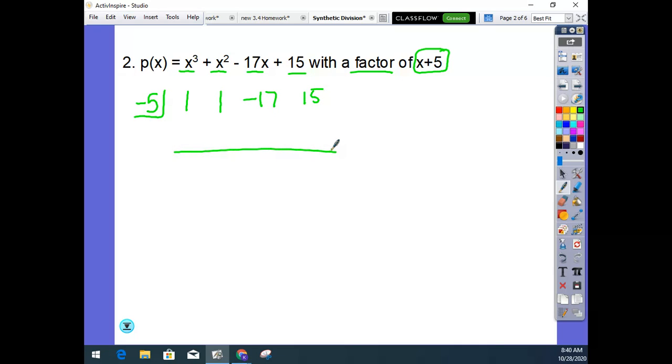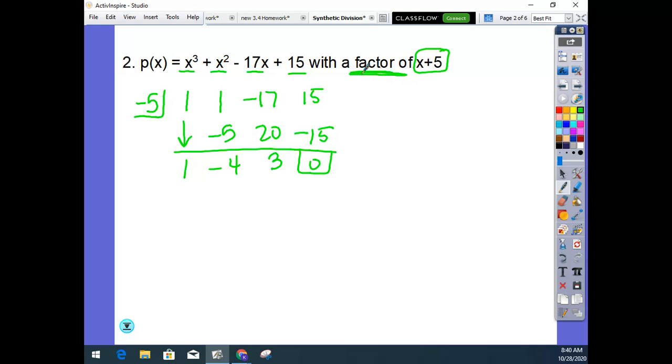Do your synthetic. Multiply, add, multiply, add, multiply, add. If you don't get a 0 here, you did something wrong because it tells you it's a factor. Now I put all of my x's back in.